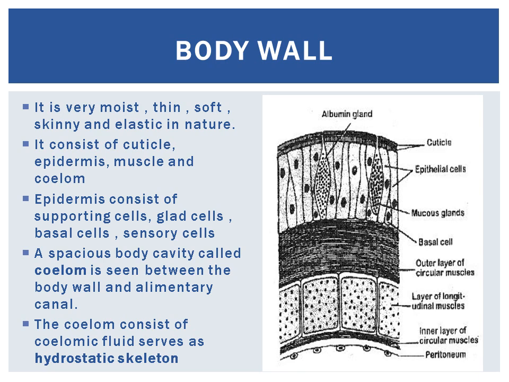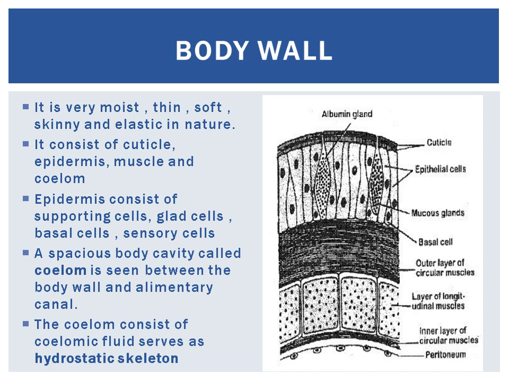So listen. The outermost region of the skin is known as the cuticle, right? The second layer is known as the epidermis. After the epidermis, it consists of muscles. After the muscle, inside, there is a cavity known as the coelom.